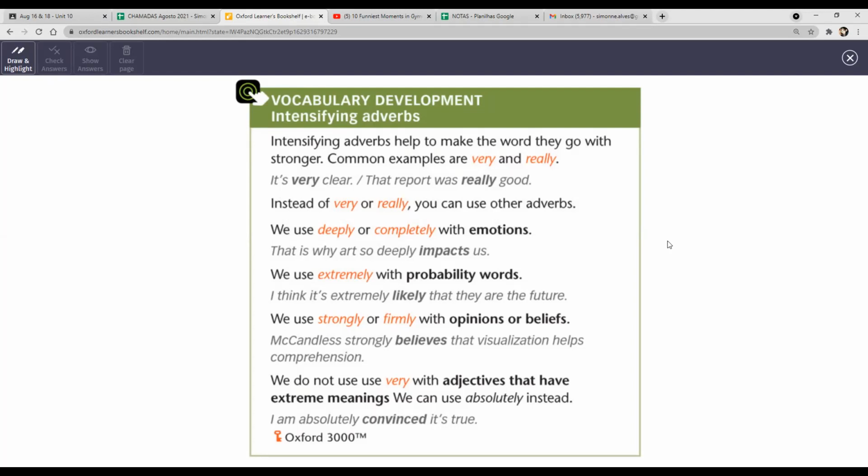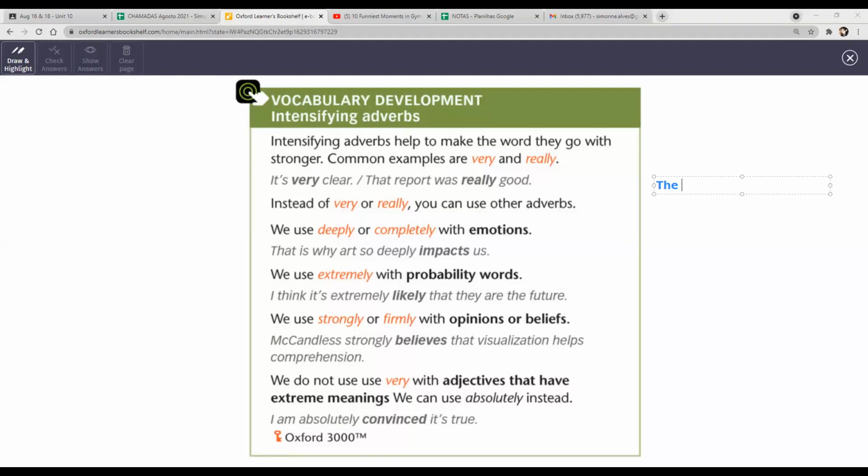Who can give me an example of an ungradable adjective? Does anybody know?